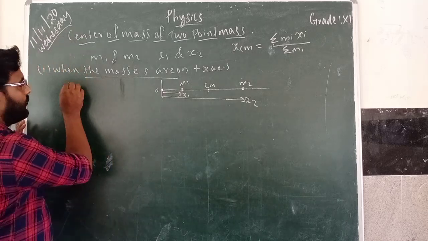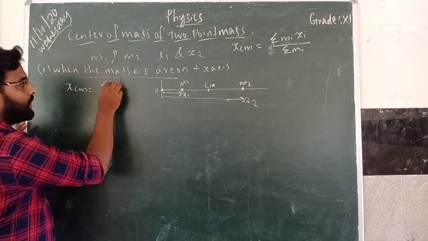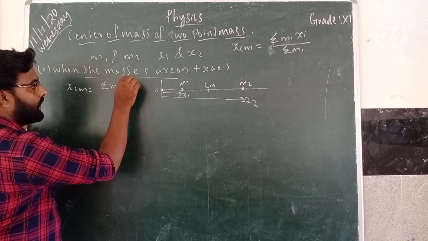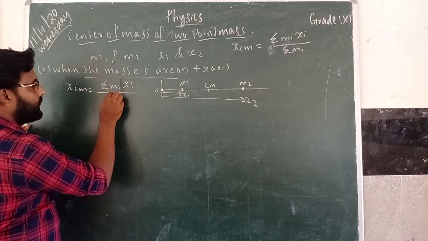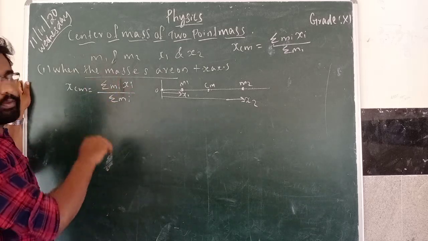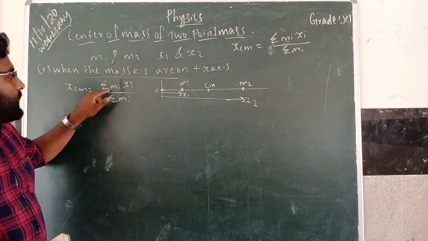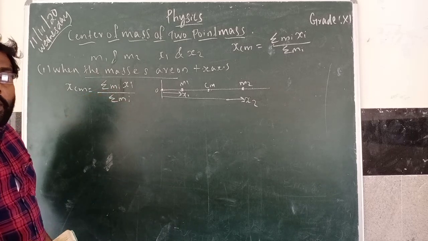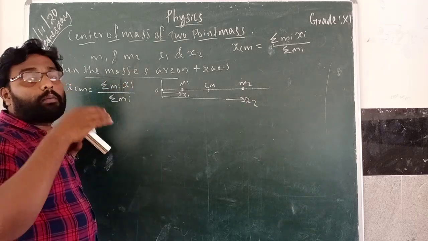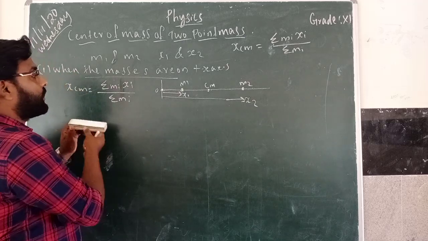How? xcm equal to sigma mi xi by sigma mi. This is the basic formula we are choosing. Sigma mi means the total mass. Anytime you can use that.